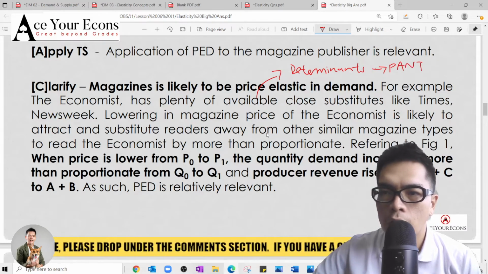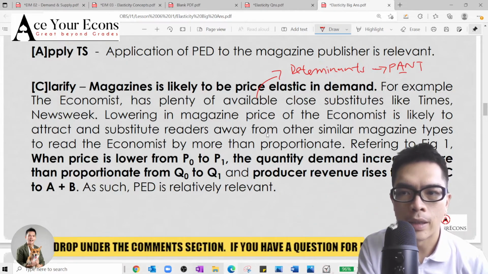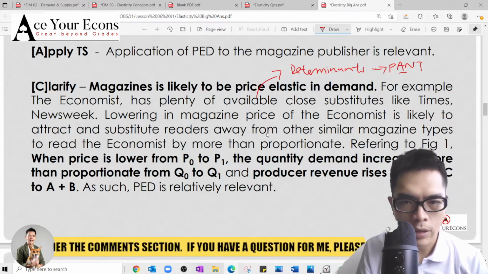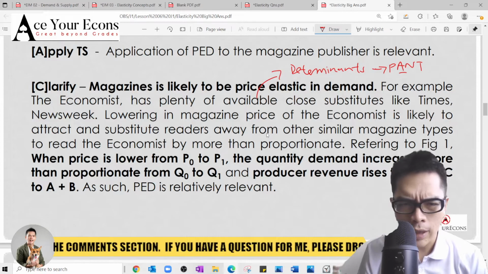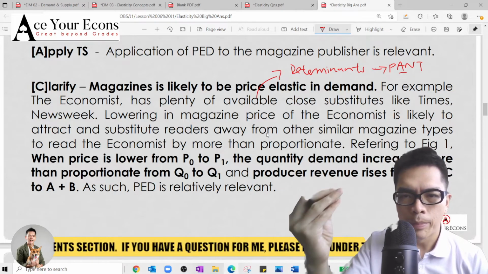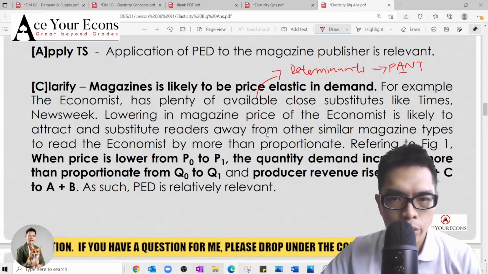The one that I've chosen was availability of substitutes. You have to look at the context of your example. The example used here was Time, Newsweek, The Economist, whatever. There are a lot of close substitutes, and therefore, when you determine that your good is price elastic because there are a lot of close substitutes, you should lower price.